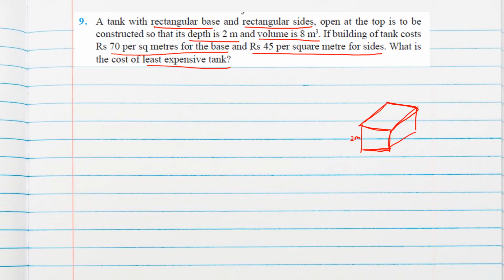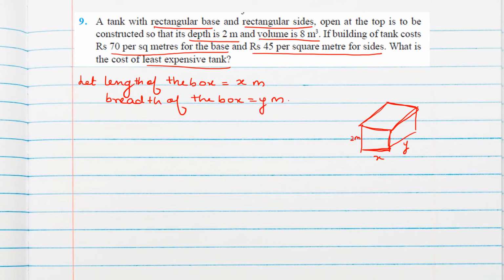So now here what we will do, only height is given, right? Depth means here height of the box. So suppose this is x and this is y. Length of the box, let length of the box is x meter, breadth of the box is y meter, and depth is given as 2 meter.